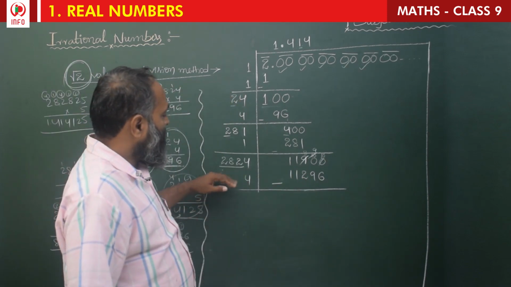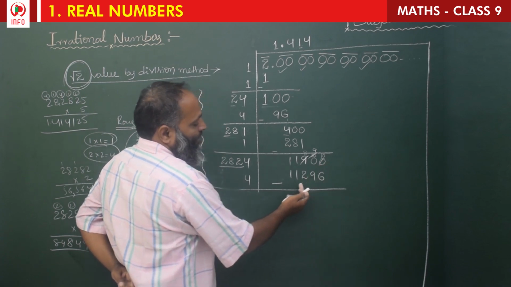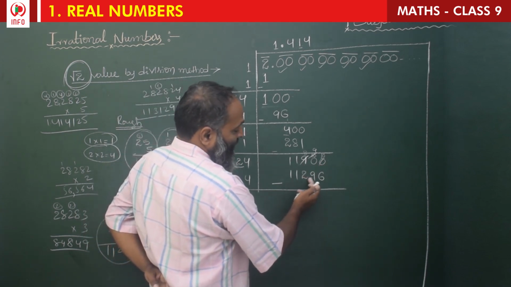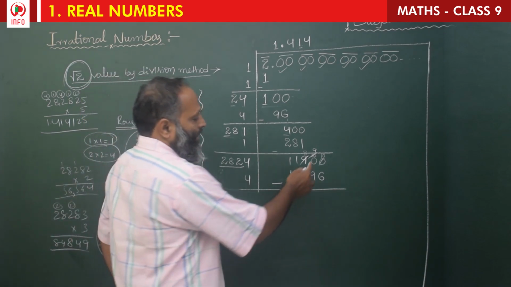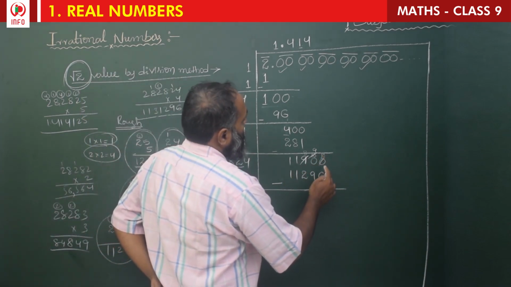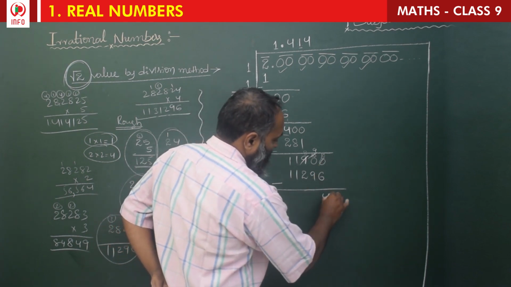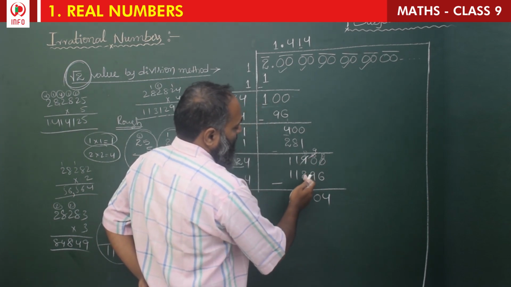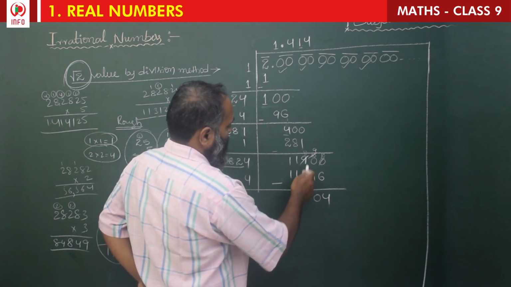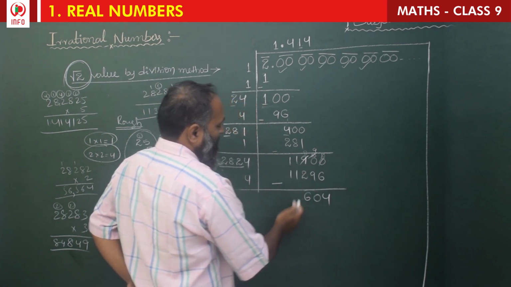Now students, see here, when we subtract 11,296 from 11,900, check what is the answer here. 10 minus 6 is 4, 9 minus 9 is 0, 8 minus 2 is 6, 1 minus 1 is 0, 1 minus 1 is 0.